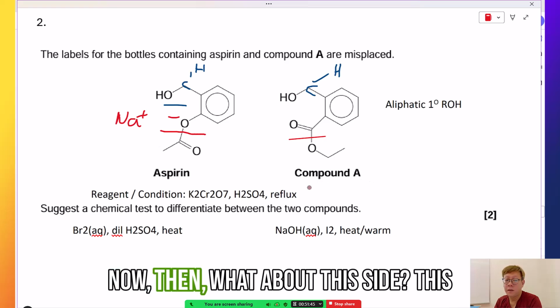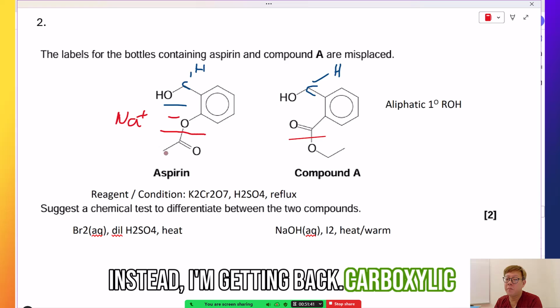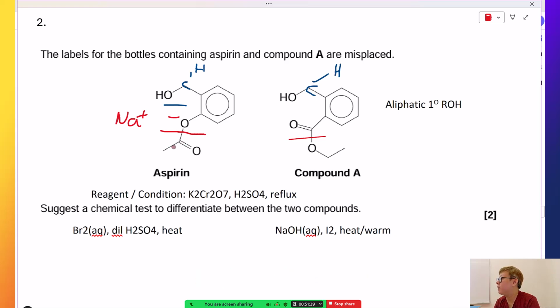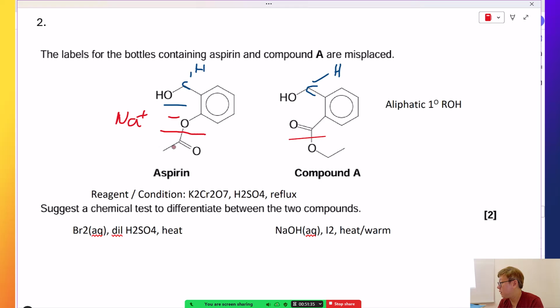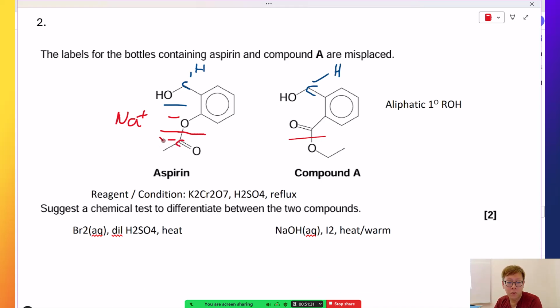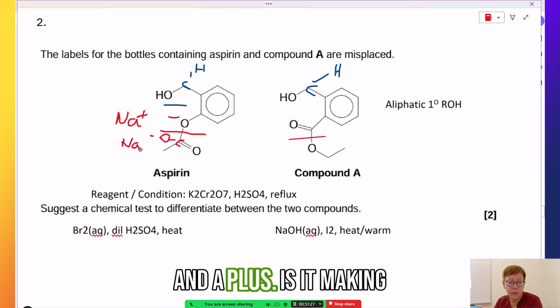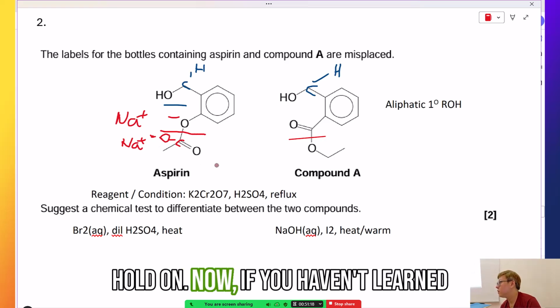Follow? Now then what about this side? This side what will you get back? Instead of getting back carboxylic acid, you get back carboxylate. So you get back the O minus Na plus. Is it making sense? Follow?